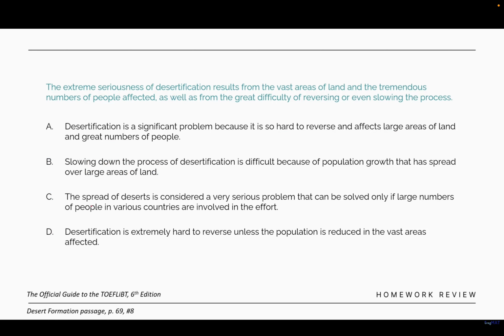Look at, for example, C. What makes C wrong? The spread of deserts is considered a very serious problem. That's true. There's nothing wrong with that. But what makes it wrong here? Can be solved only if large number. Do you see anything about solution here? No, nothing about solution. So this is what I mean.